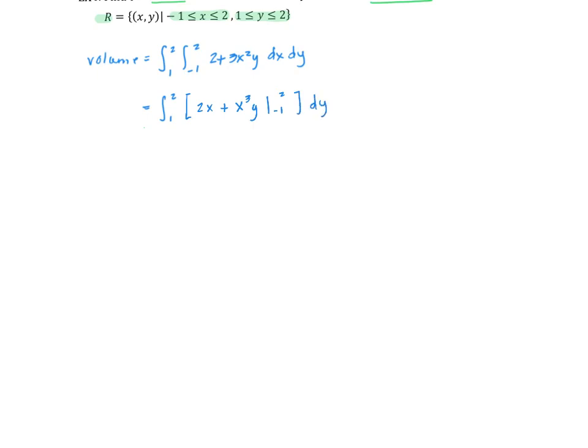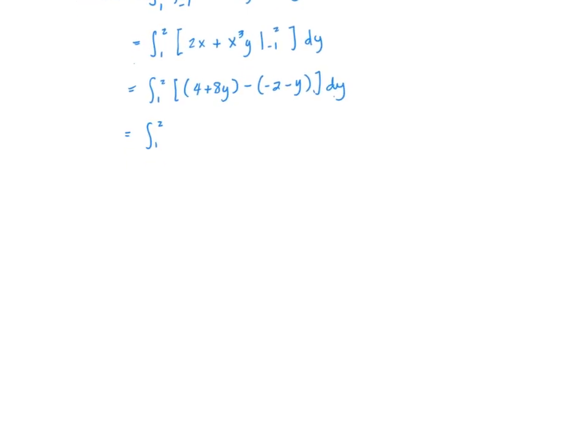Okay, so plugging in 2, this is the integral from 1 to 2. I have 4 plus 8y minus, plug in negative 1, it becomes negative 2 minus y. Simplifying, it looks like 6 plus 9y. And then we integrate with respect to y.